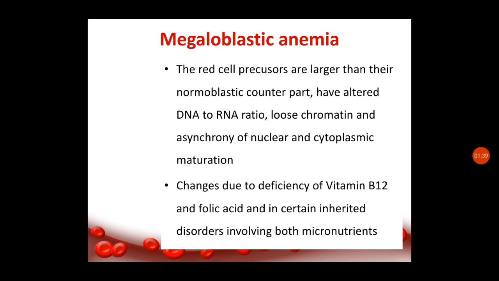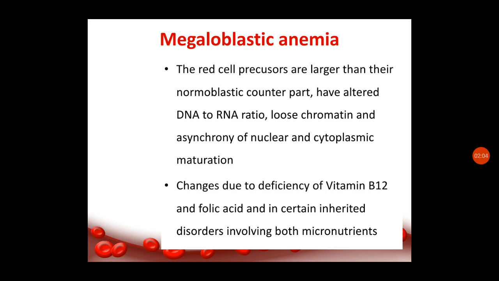In this precursor stage, in megaloblastic anemia, the cells will be larger than the other precursor cells, the other RBCs in the precursor cell stage. In this condition there will be some changes leading to this abnormal appearance.